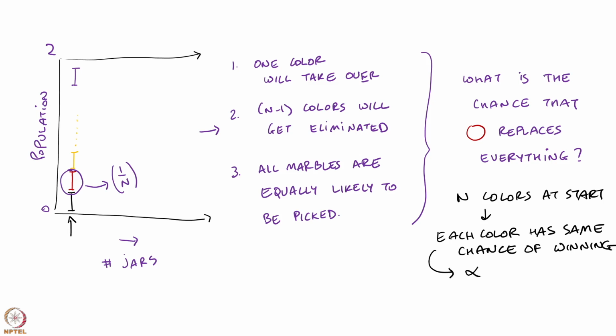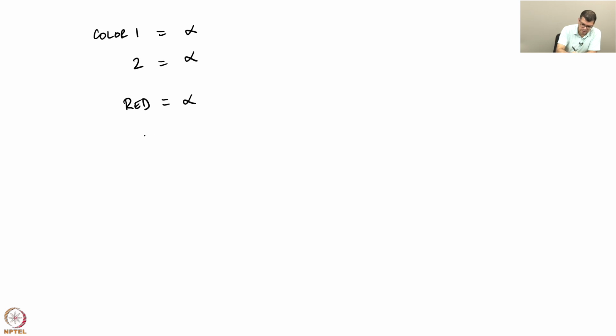If that is the case, then color 1 has chance alpha, color 2 has chance alpha, color red has chance alpha, and so on and so forth. We go all the way down to color n, which has chance alpha.